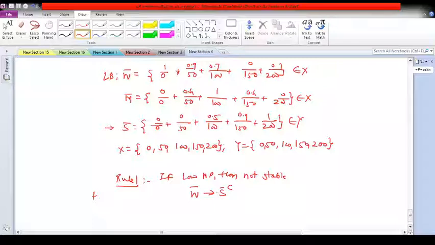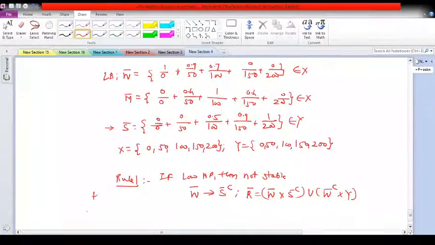Okay, so how to obtain the relation matrix here? The relation matrix will be obtained as W bar coupled with S bar complement, and if not low BP, that is W bar complement, then what next? Then it will be your whole universal set Y.